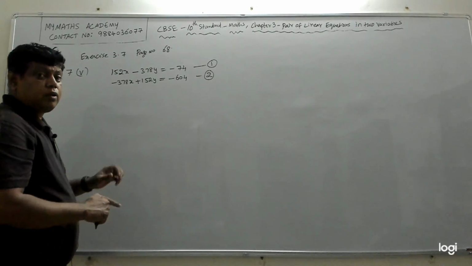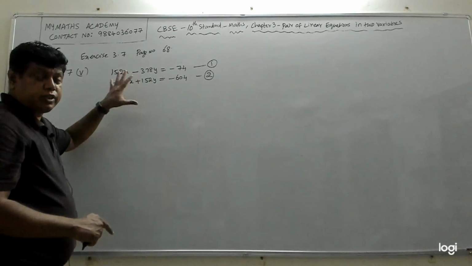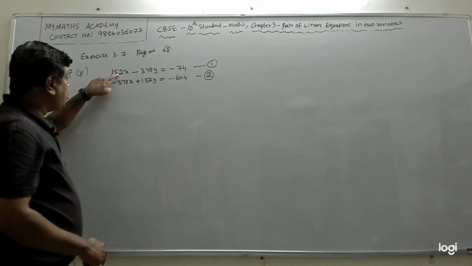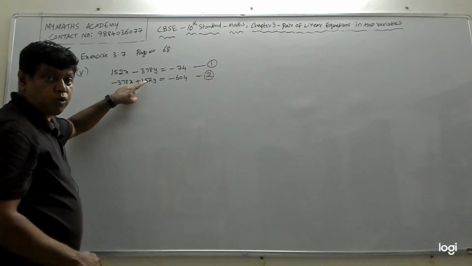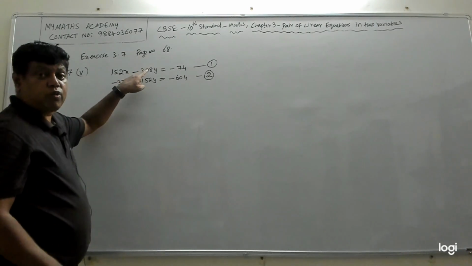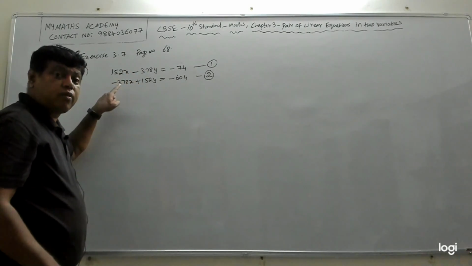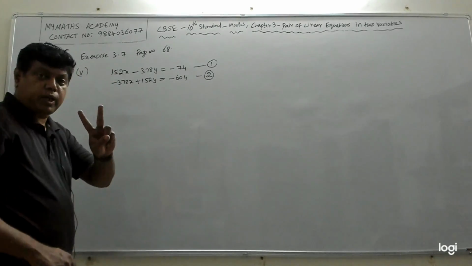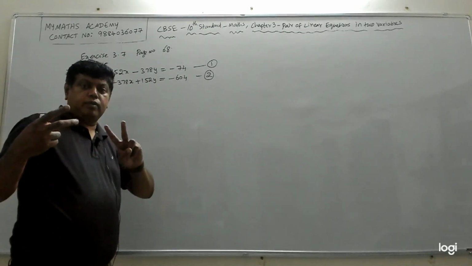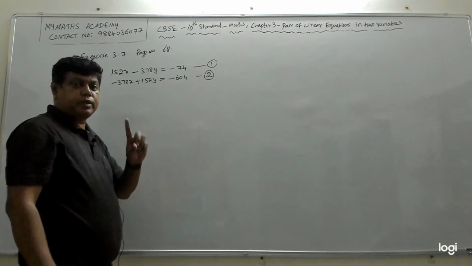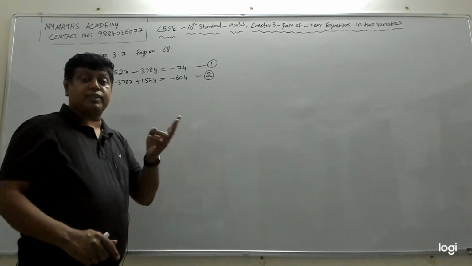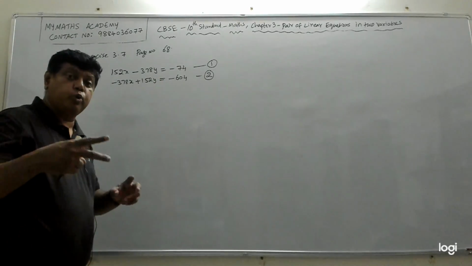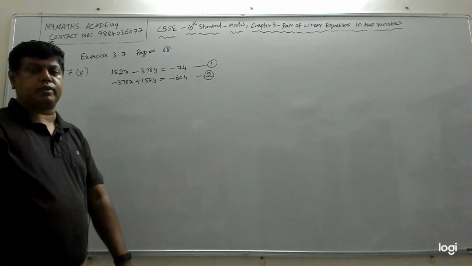Whenever you see big two-digit numbers, and the coefficient of x in the first equation matches the coefficient of y in the second equation, and the coefficient of y in the first equation matches the coefficient of x in the second equation, we do two steps to get two more equations. First step, you will add the two equations to get one equation. In the second step, you will subtract these two equations to get one more equation. So you will get two new equations which will have very small numbers.